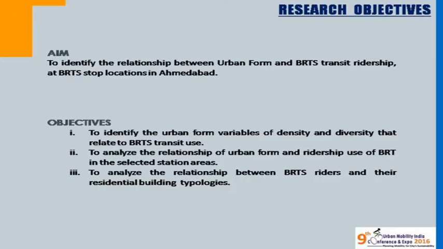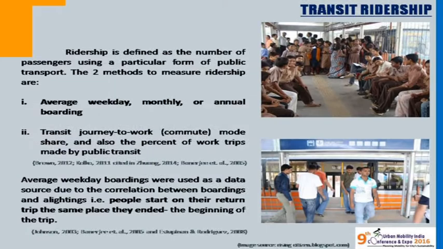For that, the objective was to see whether the urban form variables of density and diversity relate to BRTS ridership in Ahmedabad's locations, and to analyze whether those relationships of urban form and BRTS ridership in the selected areas do correlate with each other or not. And then to analyze whether the relationships of the BRTS riders and their residential typologies correlate with each other.